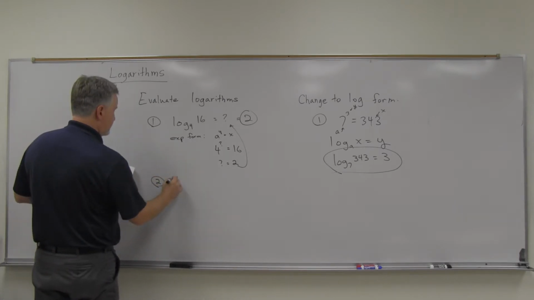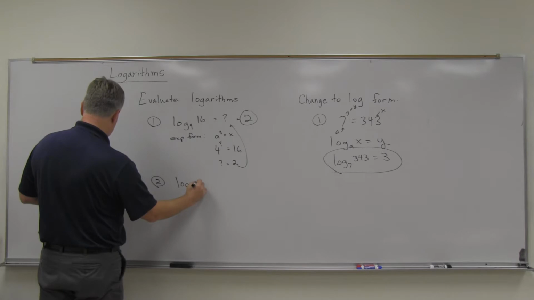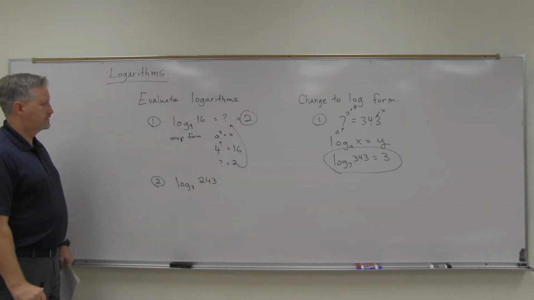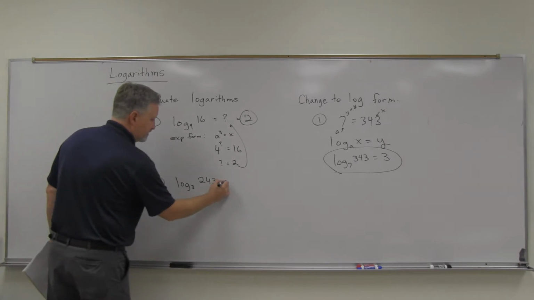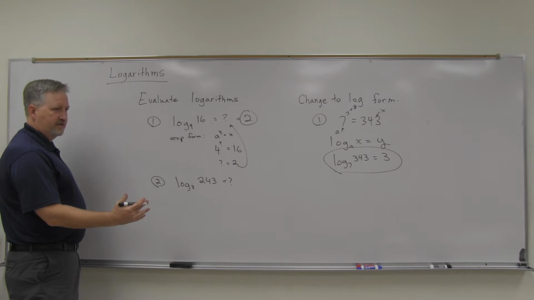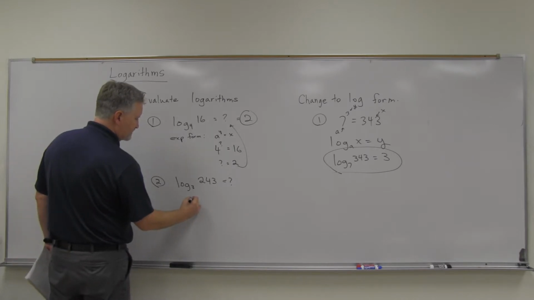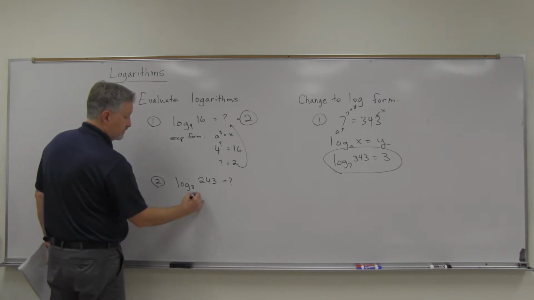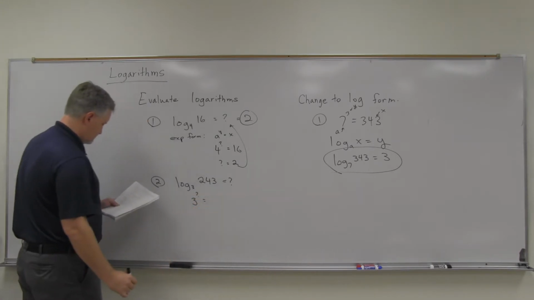How about log base 3 of 243? Well, again, that's just some number I'm trying to figure out. Exponential form then, to explain why this logarithm is what it is: 3 to what power is 243?